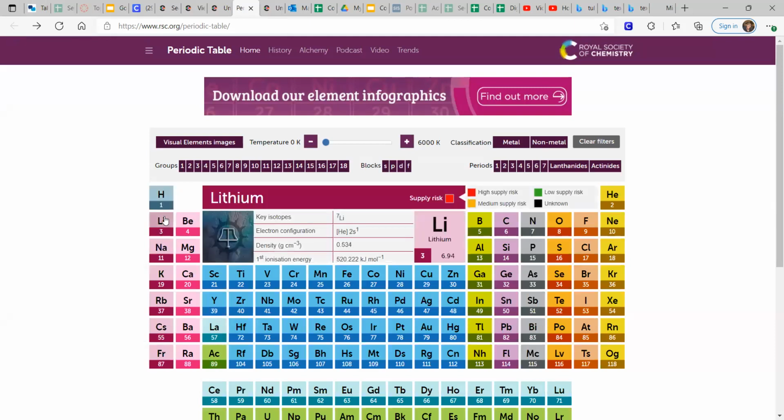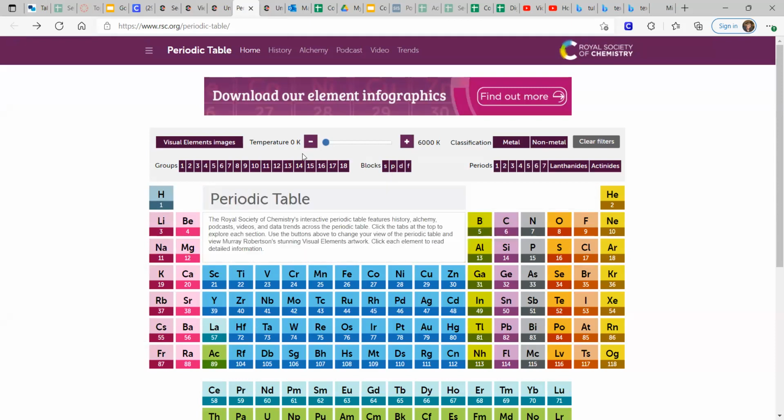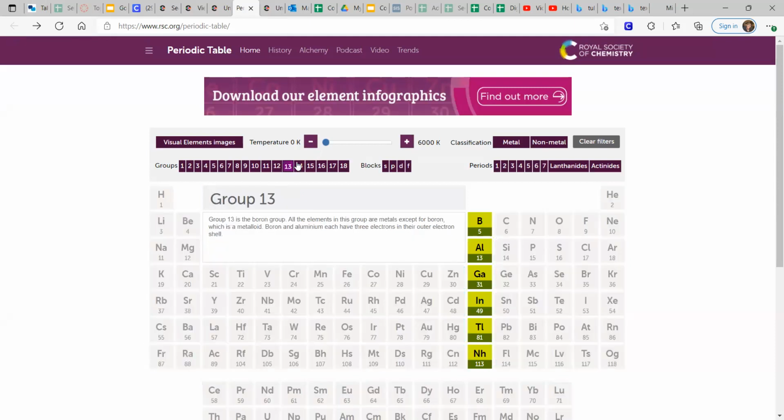So we have group 1, they have 1 valence electron, 2, then boron would have 3, carbon would have 4, nitrogen 5, oxygen 6, 7, 8.